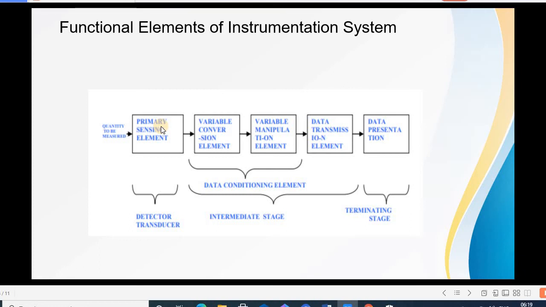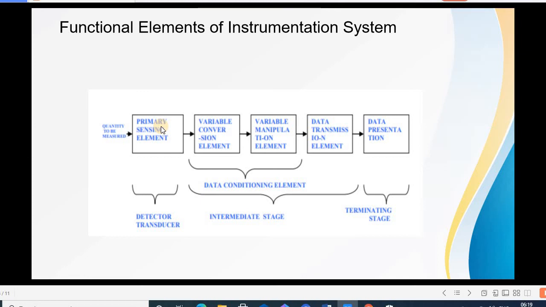Whatever unknown quantity we have sensed is converted into an electrical signal by using a transducer. What do we mean by a transducer? A transducer is a device that is used to convert one form of energy to another form of energy. That's why this first stage is also known as the detector transducer stage.